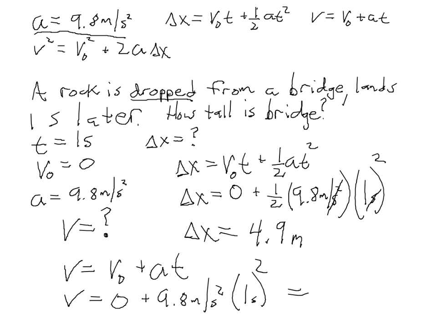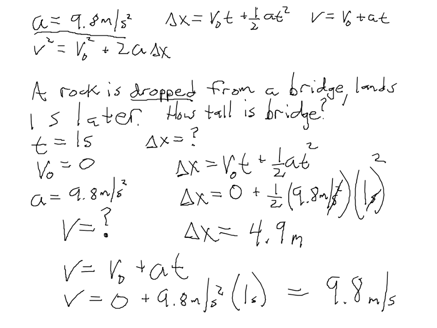Again, 1 times 9.8 is 9.8. Oops, that squared is not there. You don't need it at all. It's not time squared, it's just time. But 1 times 9.8 is still 9.8.